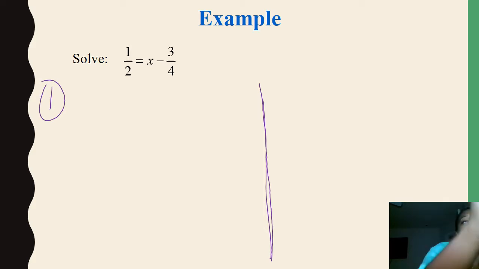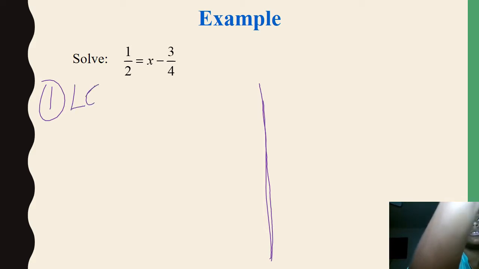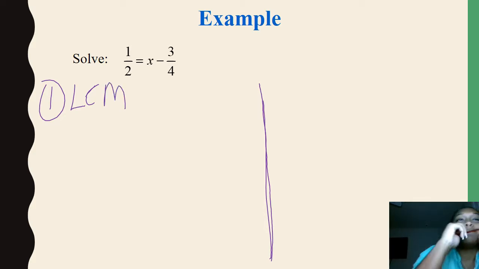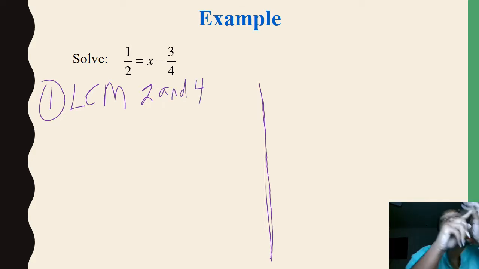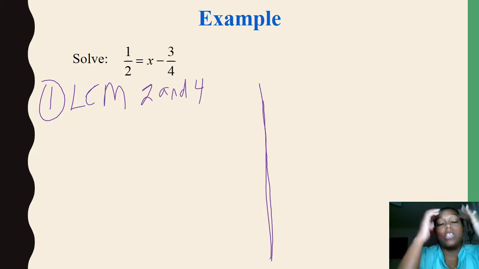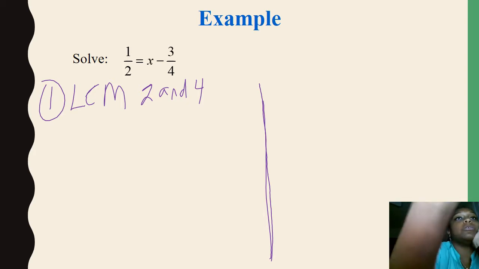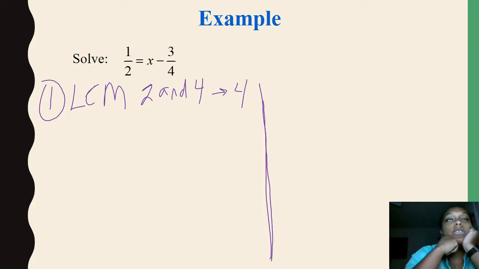So I want to ask myself, what is the least common multiple between 2 and 4? So I'm looking at the 2 and 4, and the least common multiple leads me to 4.